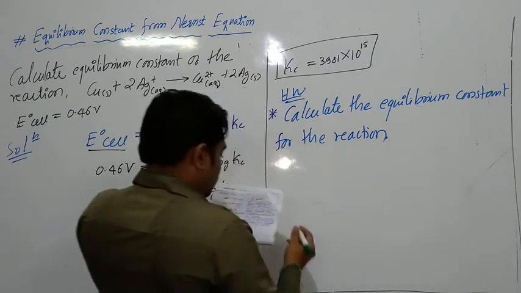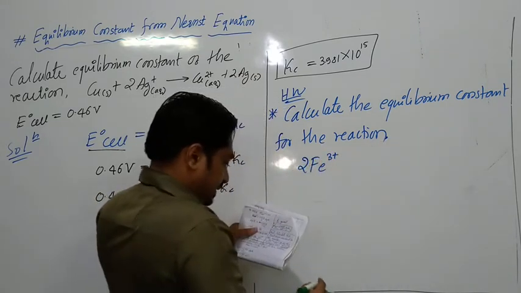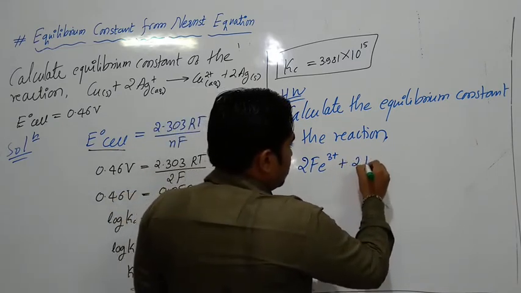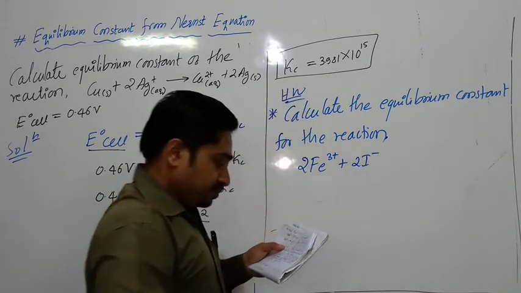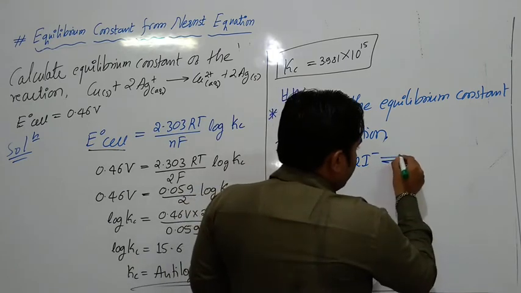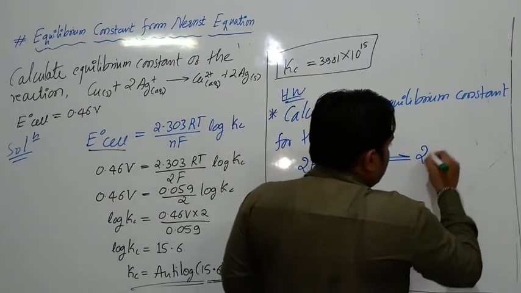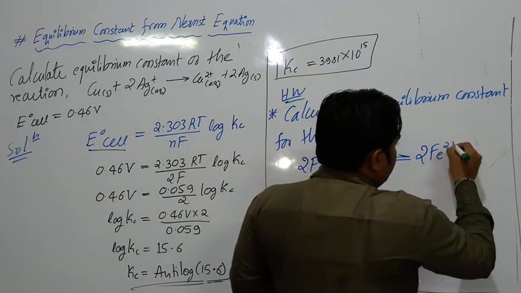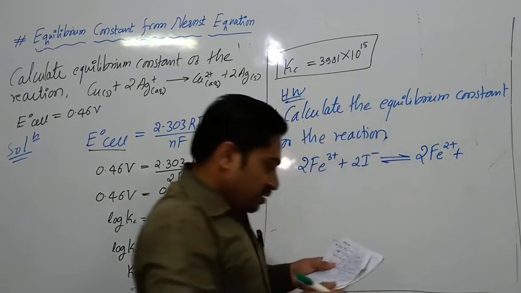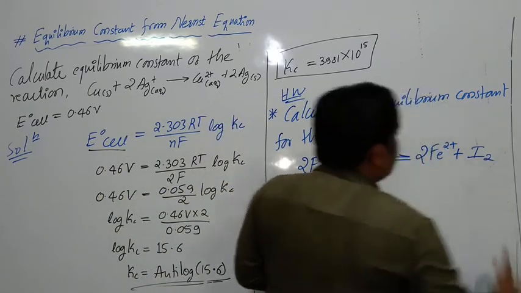See my reaction: 2Fe3+ plus 2I minus, which is an equilibrium reaction, gives 2Fe2+ plus I2.